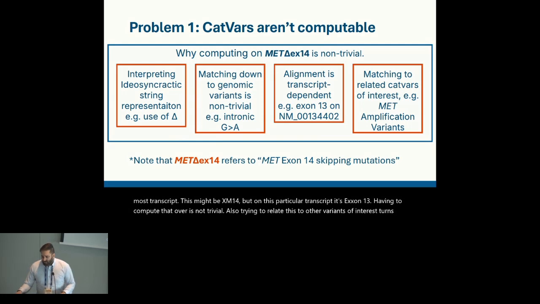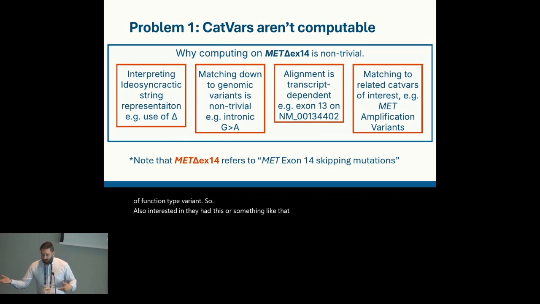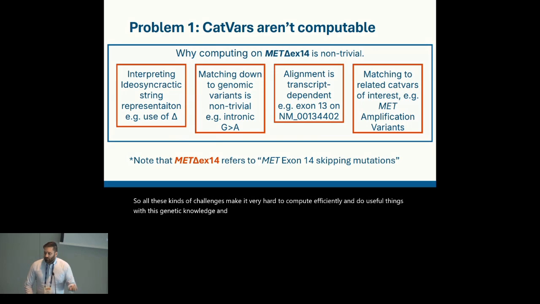Turns out that exon skipping in this particular domain makes the protein more active. So it's a gain of function type variant. So you might also be interested in something like MET amplification in terms of clinical outcomes. So all these kinds of challenges make it very hard to compute efficiently and do useful things with this genomic knowledge. And also is a nightmare for curation if you're running one of these knowledge bases.